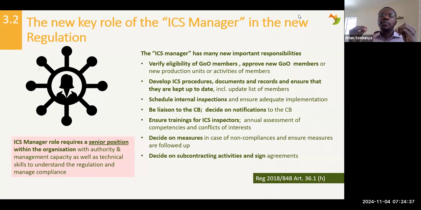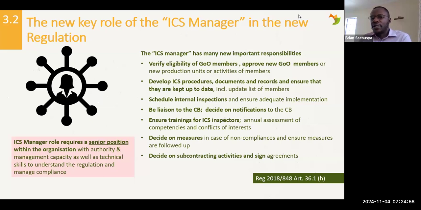Meaning that the farmers or the members have to communicate what they want to do differently from what you know on the farm, and you as the ICS manager will approve. The power of approval.